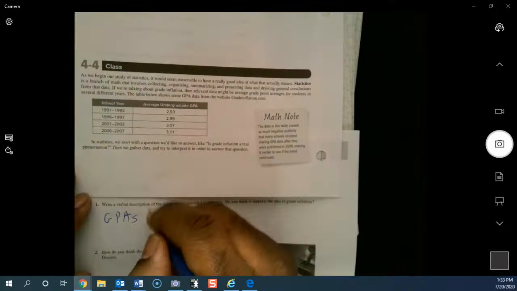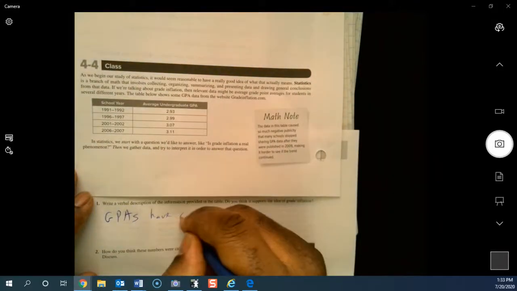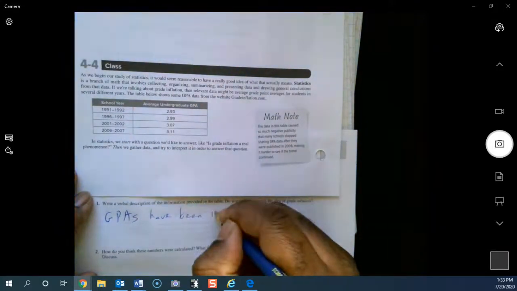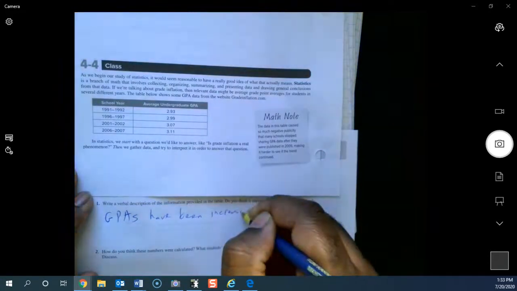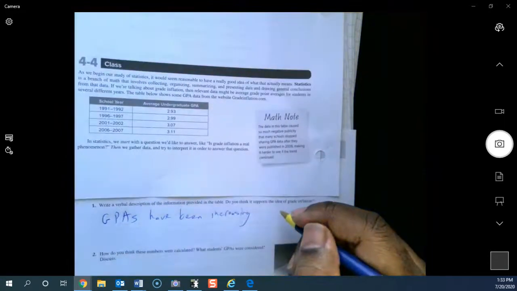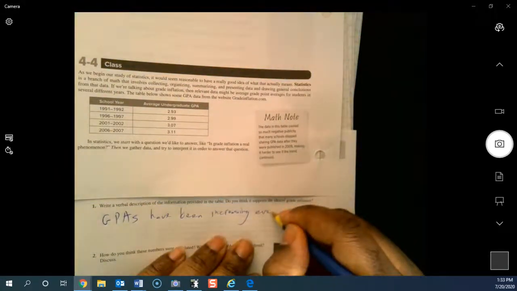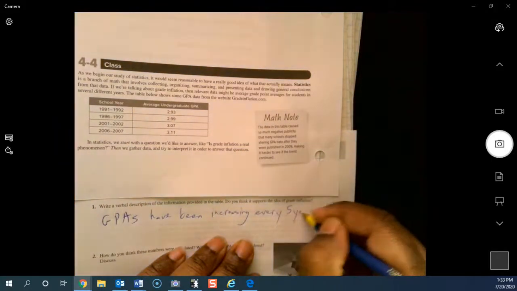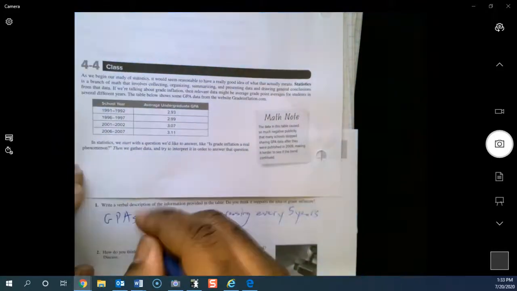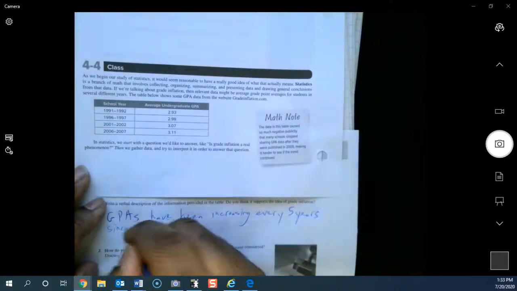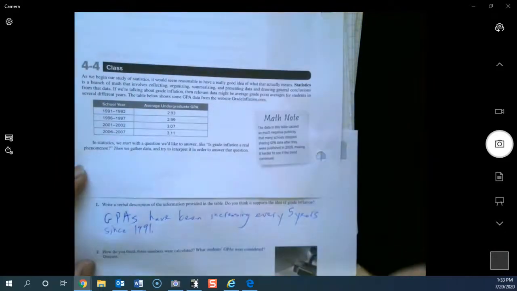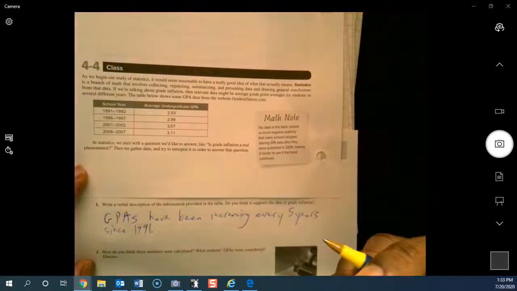So we could say GPAs have been increasing every 5 years since 1991. That's one conclusion that we come up with.